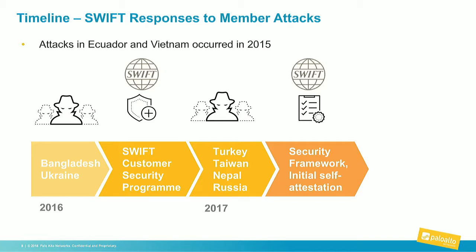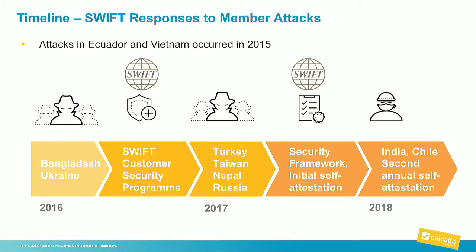Additionally, as part of that, a self-attestation was required at the end of 2017 for compliance with the mandatory controls. And really, the objective of that was to get a baseline from the SWIFT members on what controls they may have in place at the end of last year.